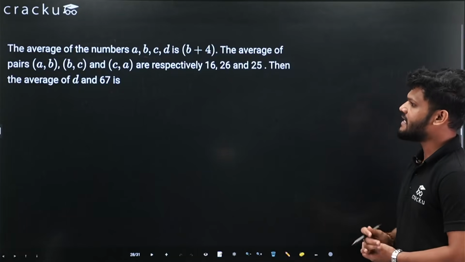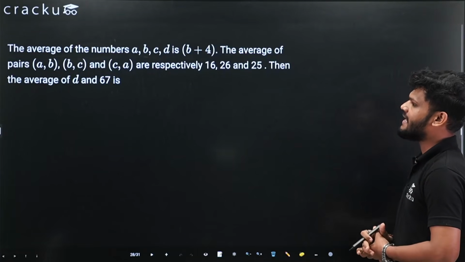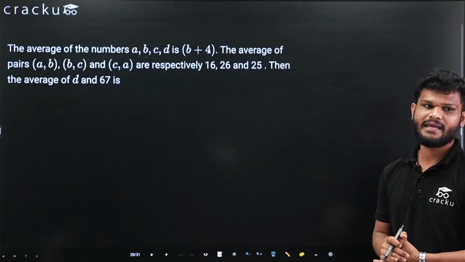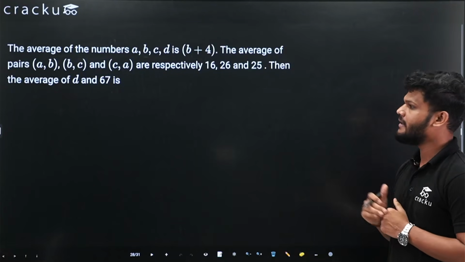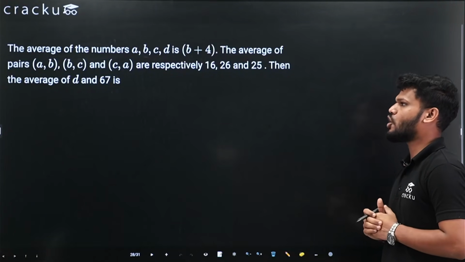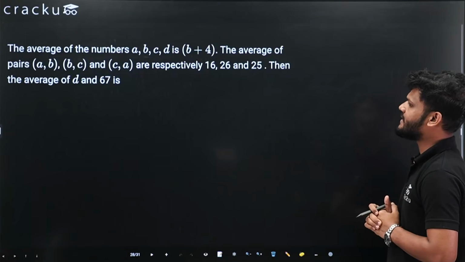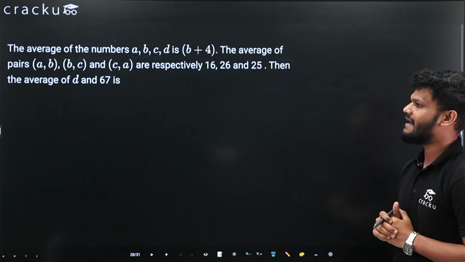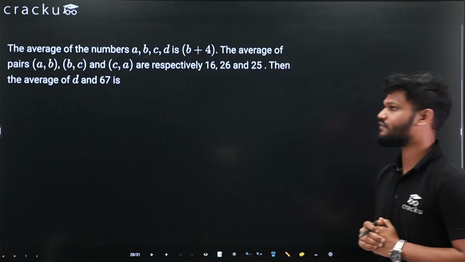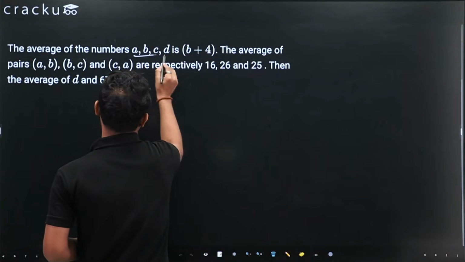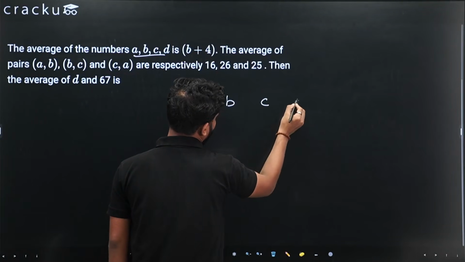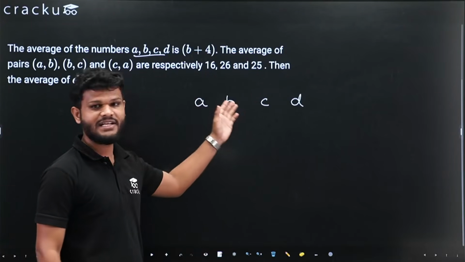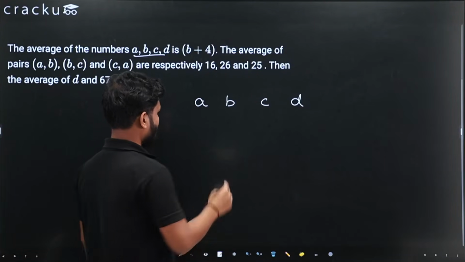In this question we are asked: the average of the numbers A, B, C, D is B plus 4. The averages of the pairs A, B; B, C; and C, A are 16, 26 and 25. Then the average of D and 67 is what? Let us first write down. I have A, B, C and D. The average is given as B plus 4.